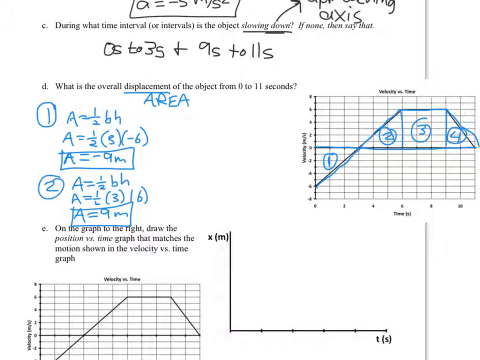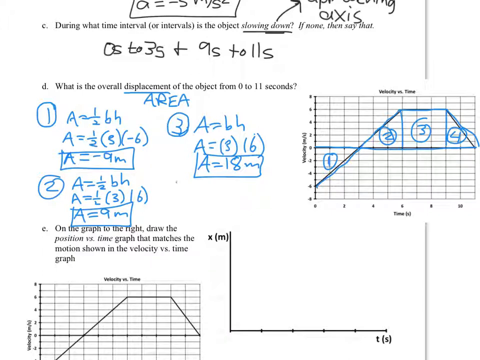We continue on to our rectangle, which has an area of just base times height. So the area is going to be base there of 3 and a height of 6. So that area ends up being 18 meters. And then we move on to our final area here, another triangle.